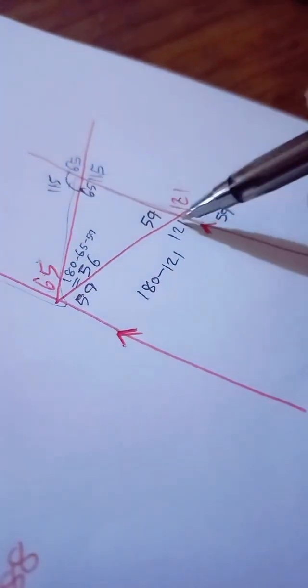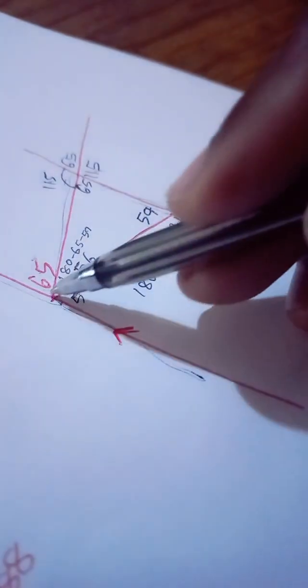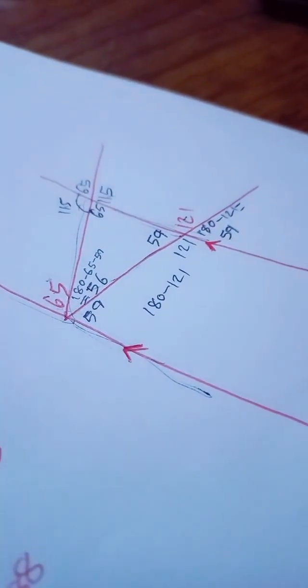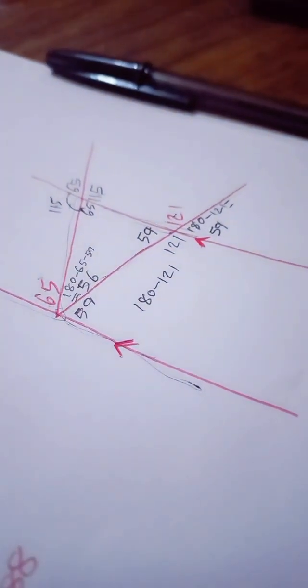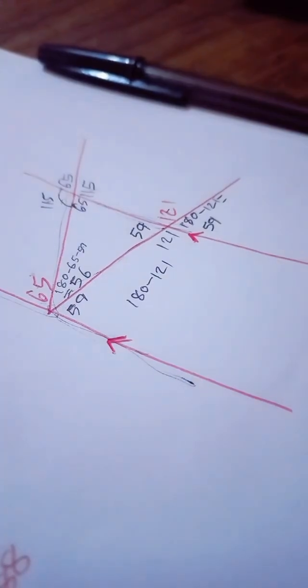Or you can use alternate angles. This is an N or a Z. I hope we are getting this correctly. I hope we are understanding this very well.